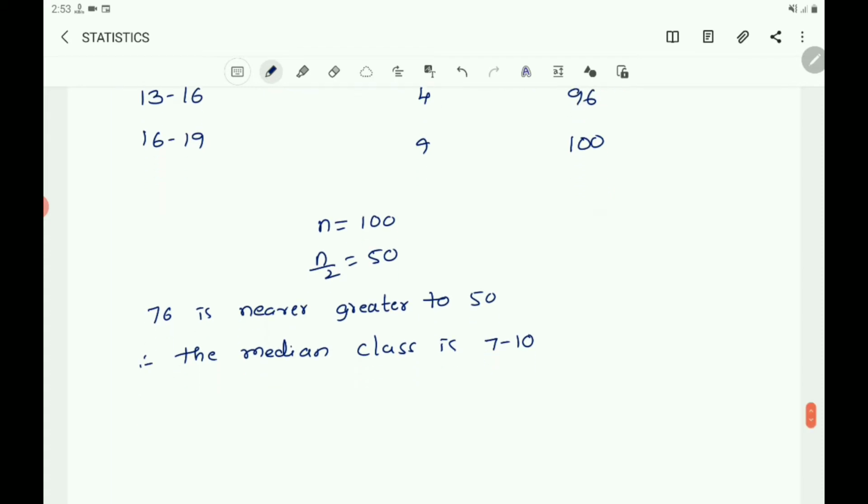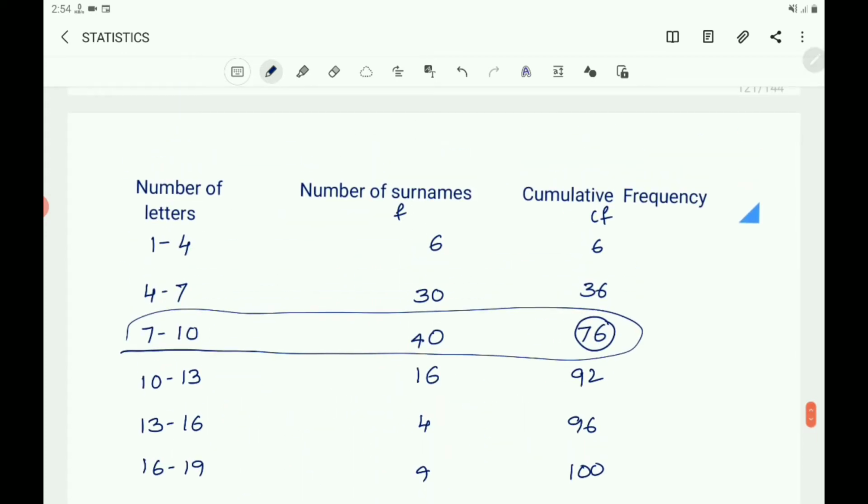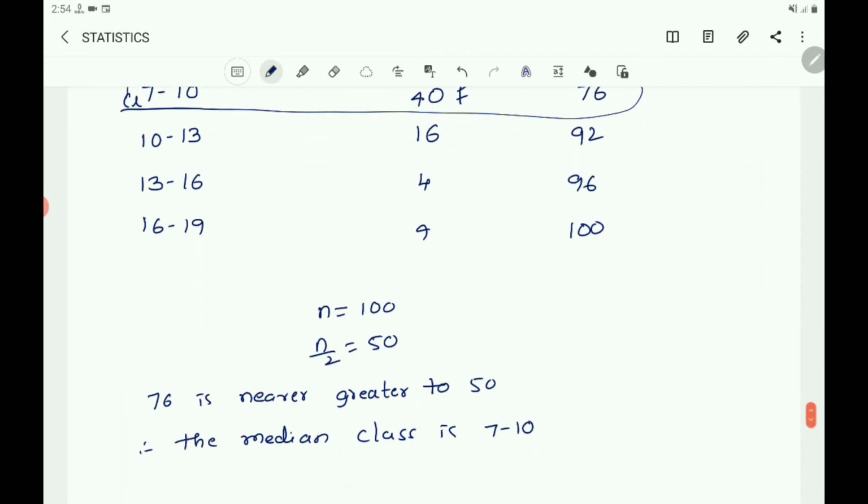Now you take that class and the lower limit of that class for the median. Then you write L here. The L is 7 and F is 40 and CF is 36. Now you write one by one.